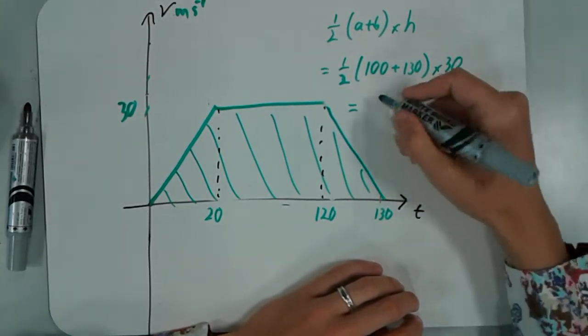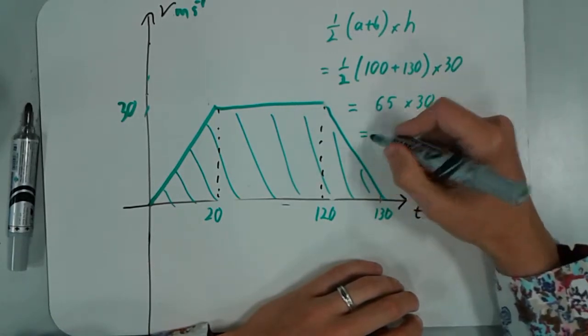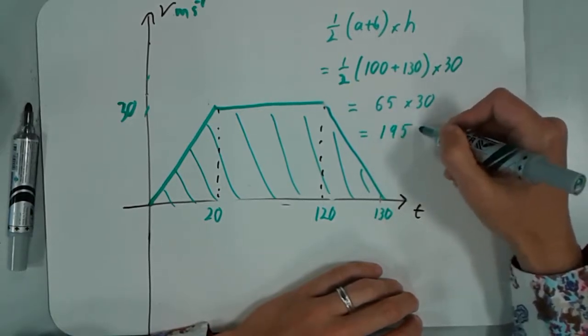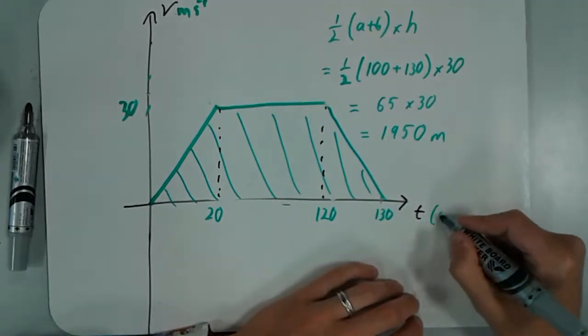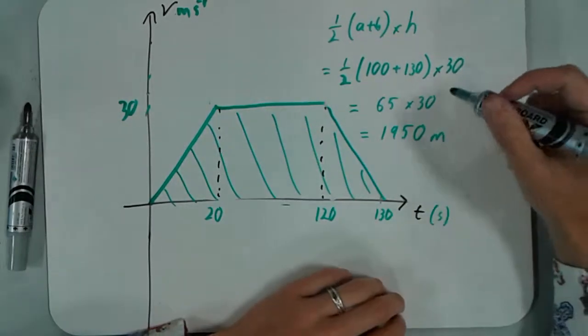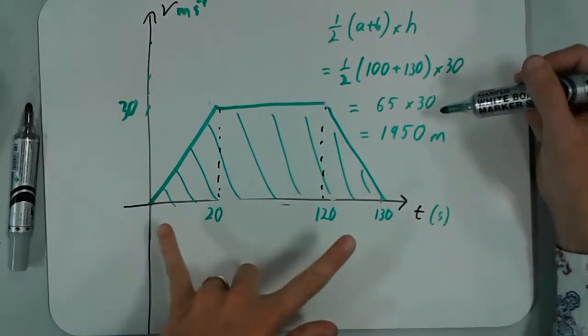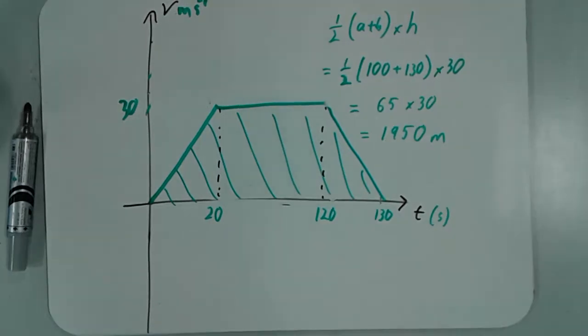That's going to give us 65 multiplied by 30, which is 1950 meters. Assuming that this is in seconds, that's in meters per second. 65 times 30 would give us the distance covered by this train. Okay?